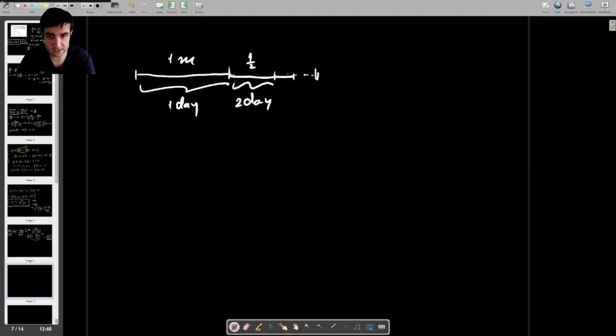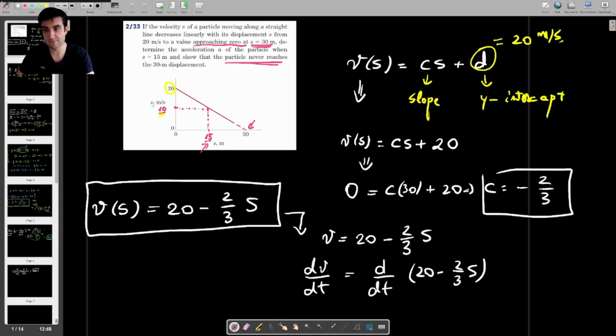In the third day, it moves a quarter of a meter, and so on. And this snail will actually never reach the 2-meter mark, because its velocity will converge asymptotically to 0 every day. So eventually, the velocity will converge to 0, and the time until it reaches 2 meters will be infinite. And this is what happens in this case as well. And that's the end of the question.